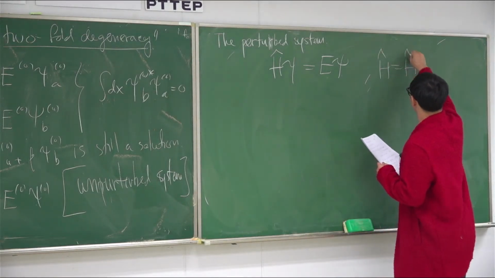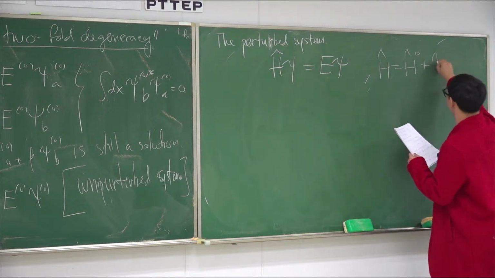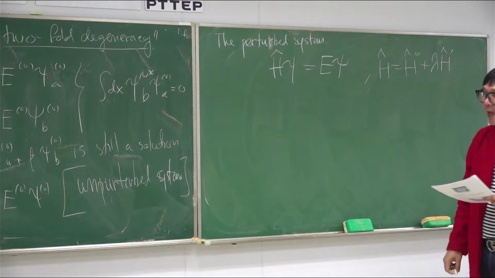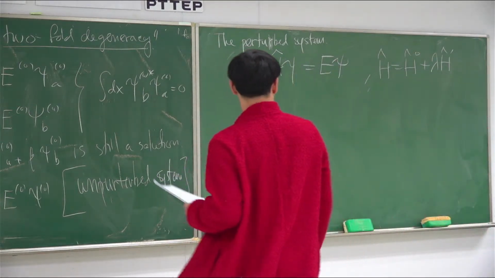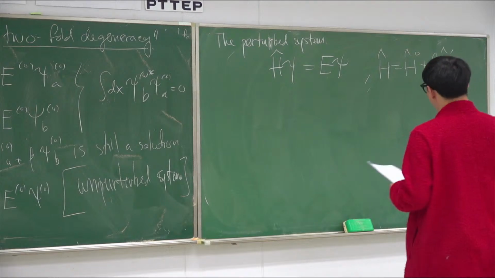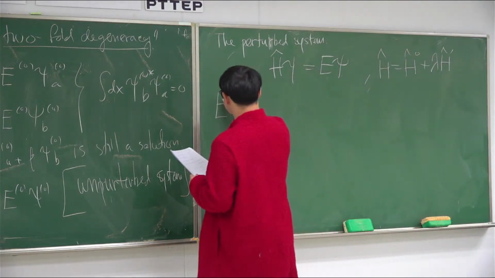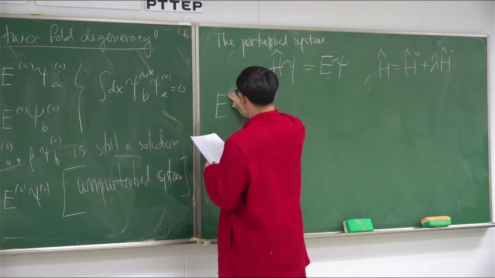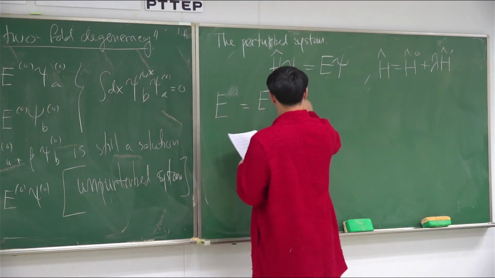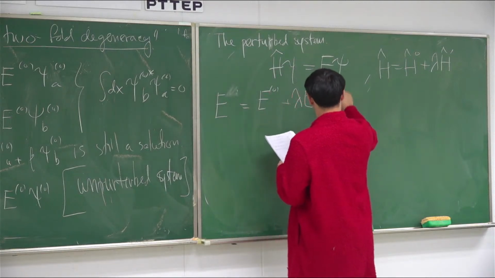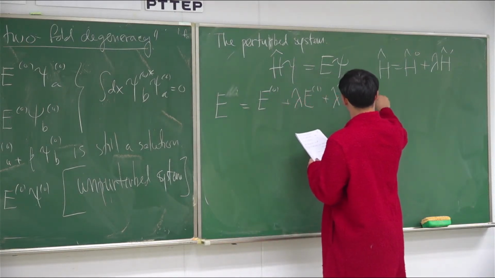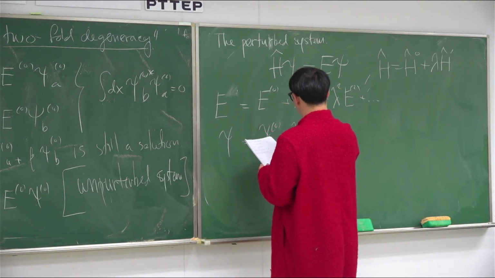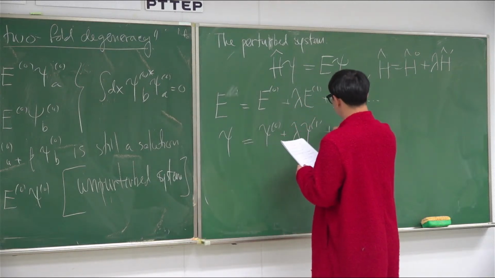This can be split again into these two parts. The first is the exact part and the perturbed terms. And so your E is going to be E0, E1, E2, and the same can be put into this.